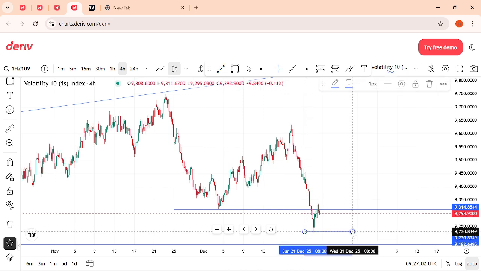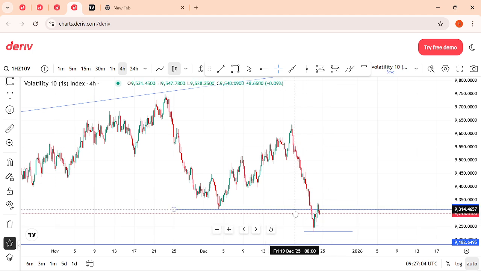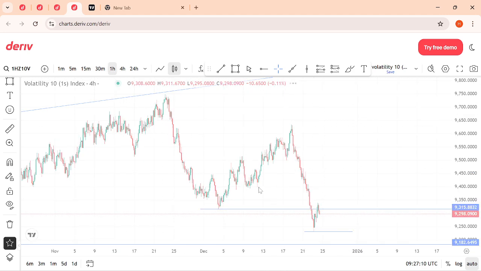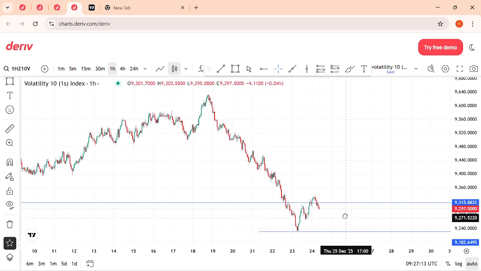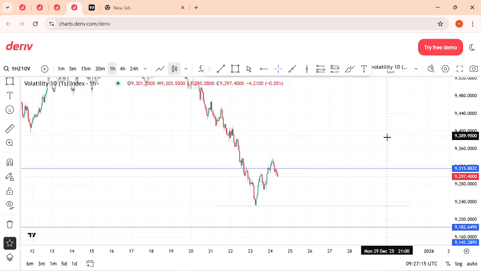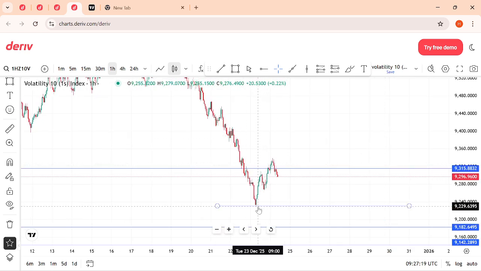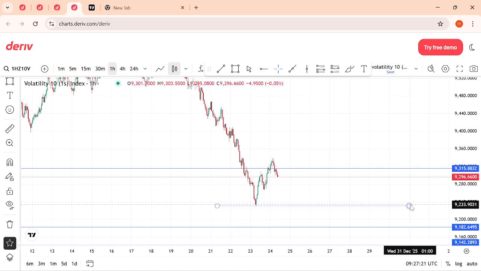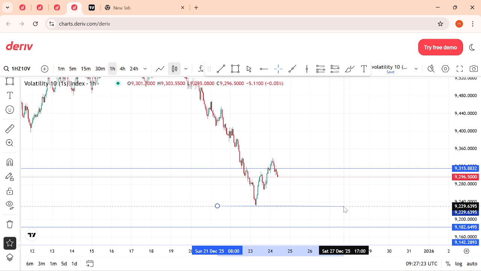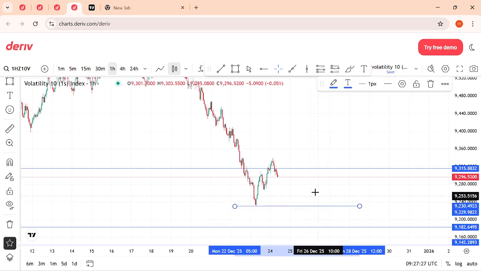If price is able to hit here as TP, then we can watch out for other things that would happen. So let's go to the 1-hour time frame and see what is happening. Clearly we can see rejections coming from this upside, and to consolidate our analysis we would draw our trend line and see how price is reacting from it.